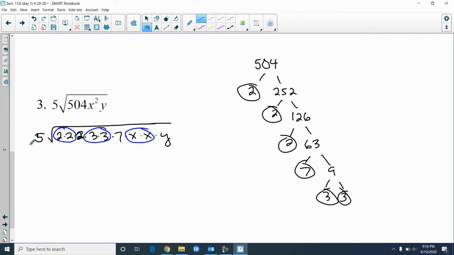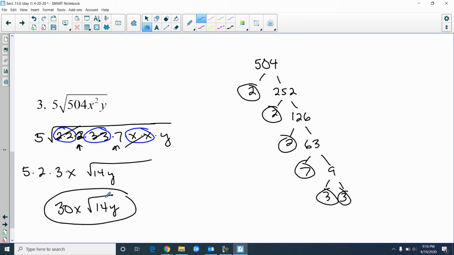All right, anything that goes out will end up multiplying by whatever's out there. So I already have a 5 out there, times 2 times 3 times x, and whatever's left on the inside multiplies back together. 2 times 7, and then you just have that y. We'll multiply here. 5 times 2 is 10. 10 times 3 is 30. So I get 30x square root of 14y. And that'll be our final answer.